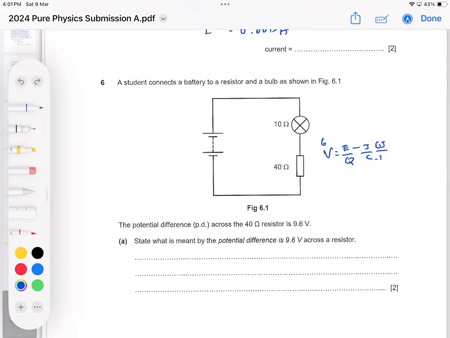So it's basically the amount of energy to push or drive 1 coulomb of charge through, in this case, a resistor. I'll just put resistor. So 9.6, we need to explain 9.6. This means that 9.6 joule of work is done to drive a unit charge, okay, we can use the term unit charge. It also means 1 coulomb.